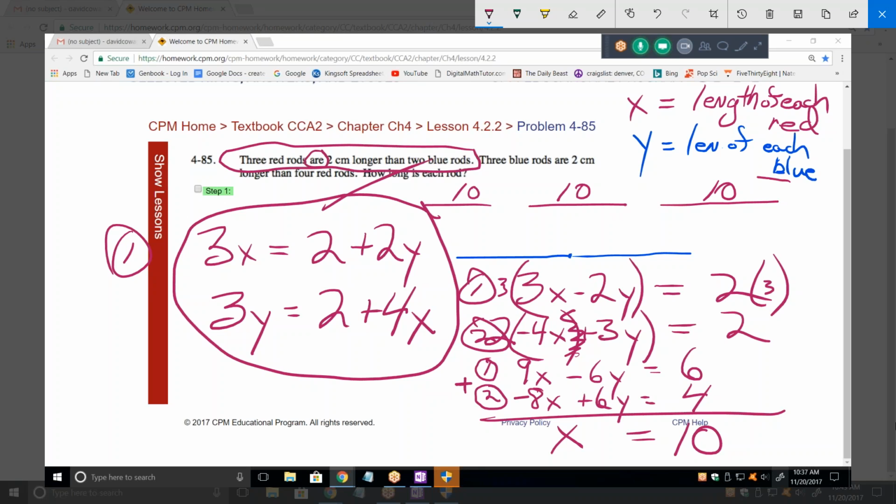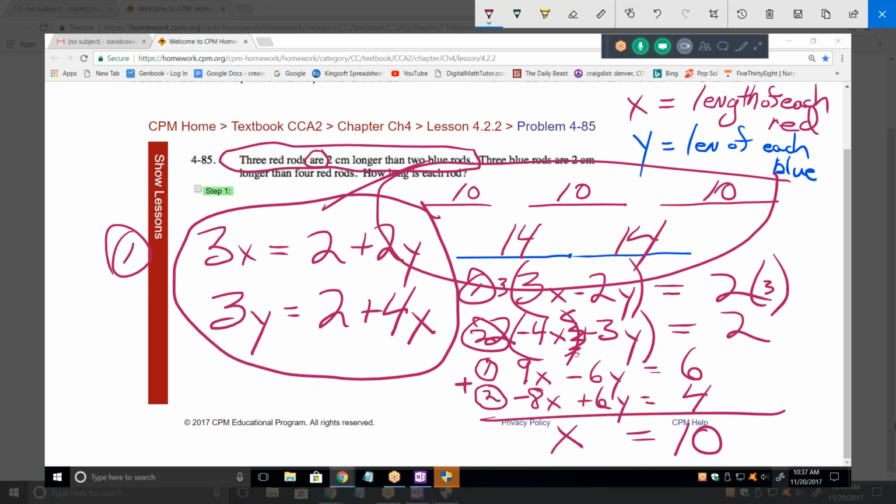Let's do it this way. If 3 red rods are 2 centimeters longer than 2 blue rods, what are 2 blue rods? What are their lengths? Would it be 28? What's each blue rod? 14. There you go.